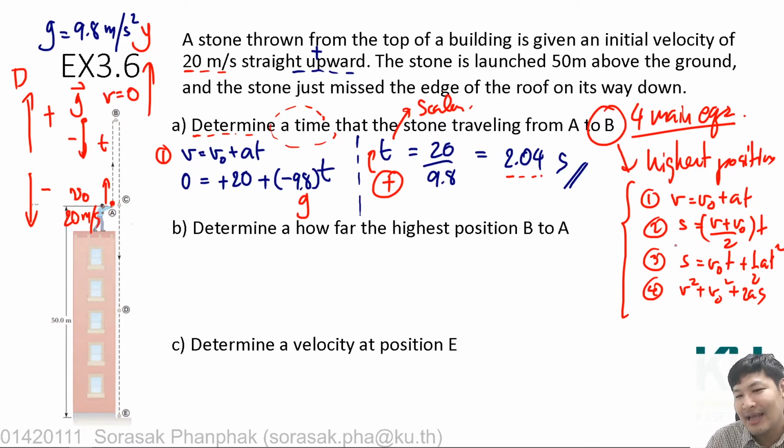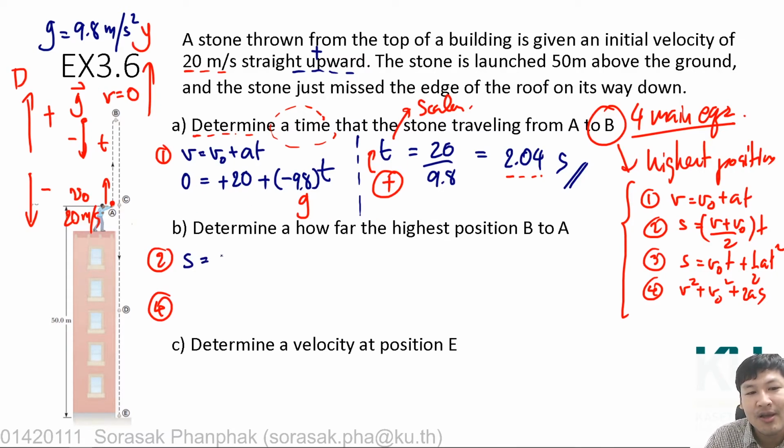You can select equation number 2 or number 3. It depends on each person, but I prefer to use number 2 because you can do the calculation more easily. Or if you like to use number 4, it's also easy as well. I will show 2 methods and you can determine which one is easier.